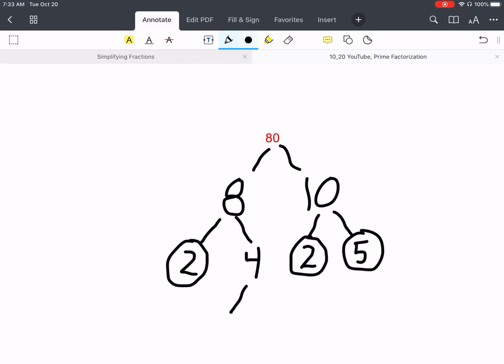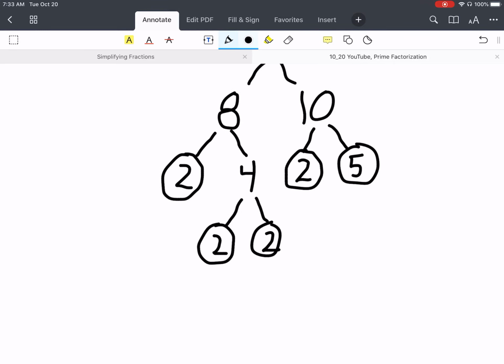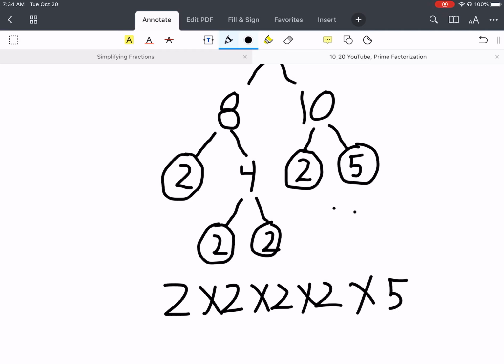I have to break apart this 4 a little more into 2 times 2. And of course, 2 is a prime number. So I have four 2s circled and a 5.